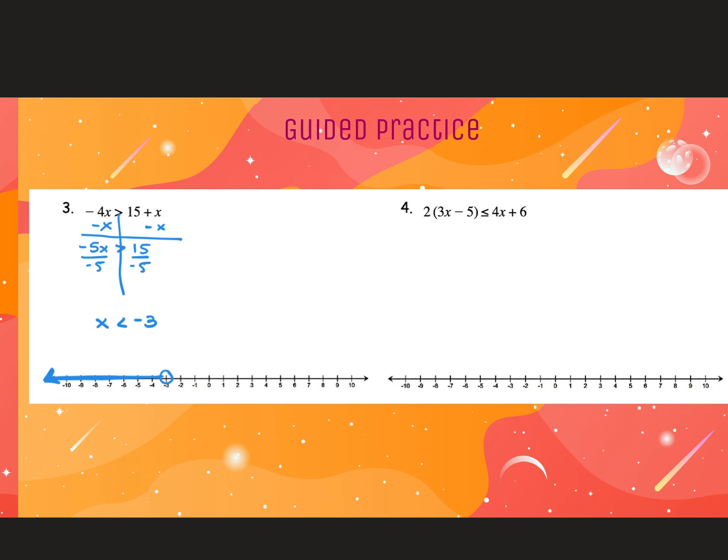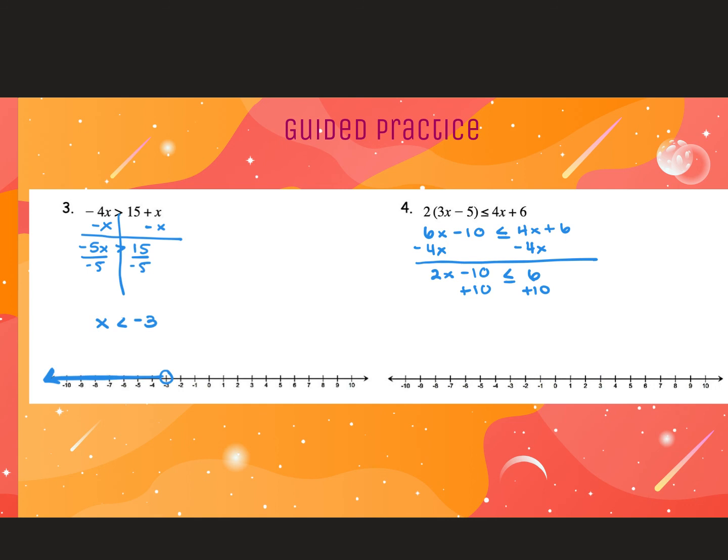All right, now we're going to look at the last one, number 4. So the first thing we're going to do is distribute. So I have 6x minus 10 is less than 4x plus 6. I'm going to subtract 4x from both sides. So I get 2x minus 10 is less than or equal to 6.